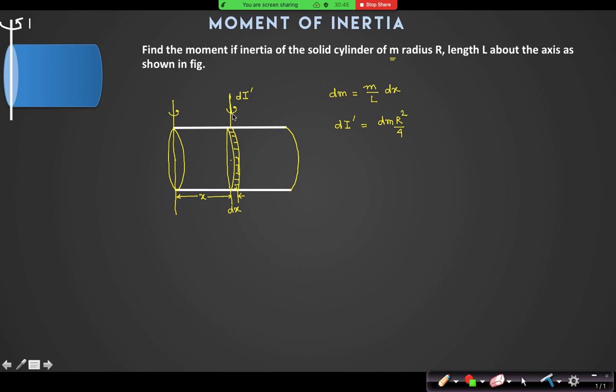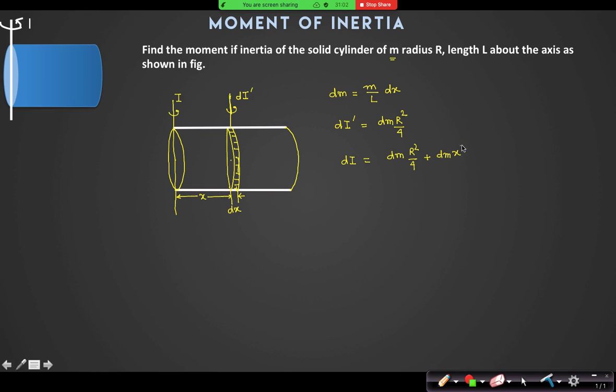Now if I shift this parallelly here, what is dI about this axis? dI is dm r square by 4 plus dm into x square.